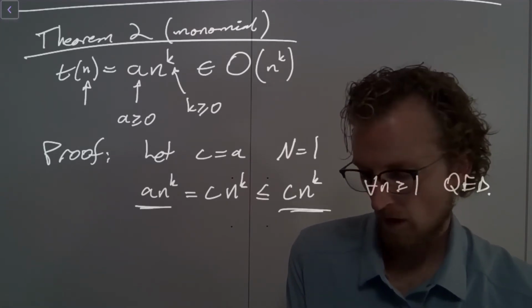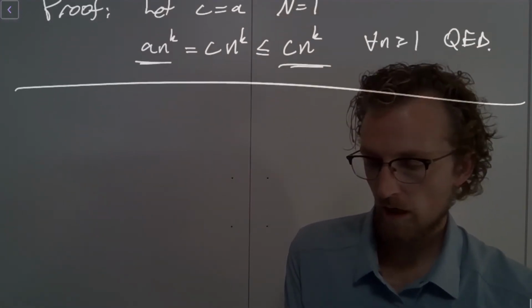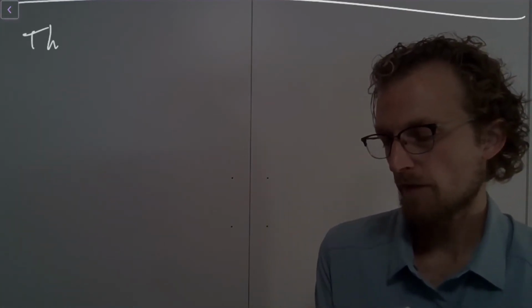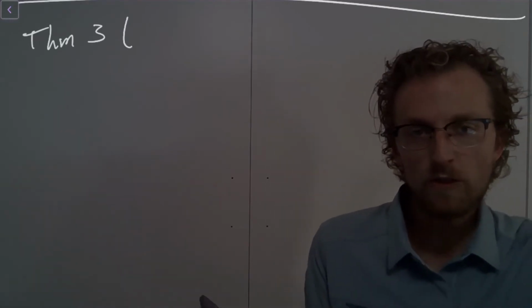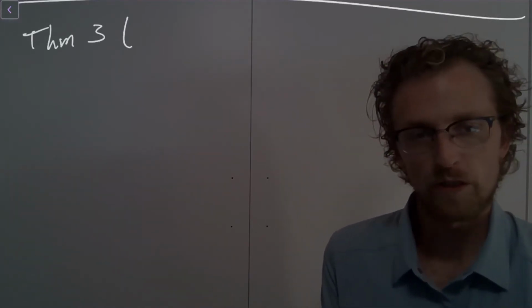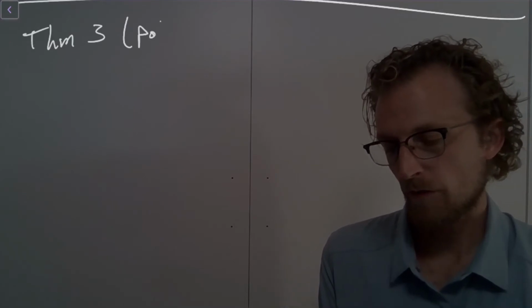Done. All right, let's do a little bit more interesting one, one that's going to be similarly useful. So I'll call this theorem 3. And this is polynomials, and so this will use the previous two results, and it'll let us show something new and important.